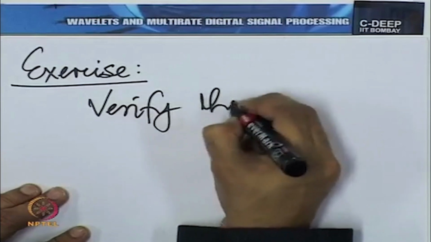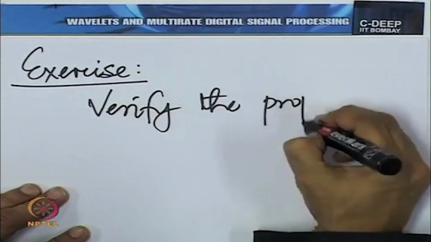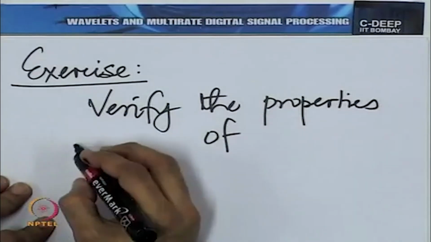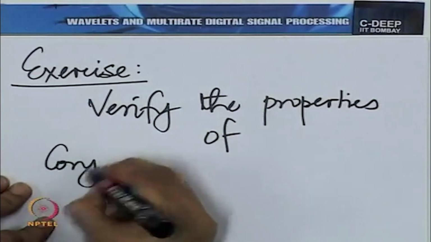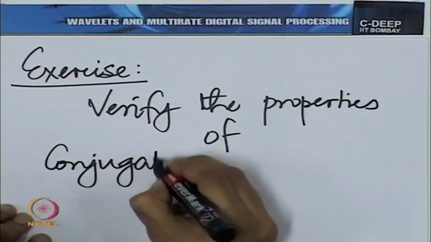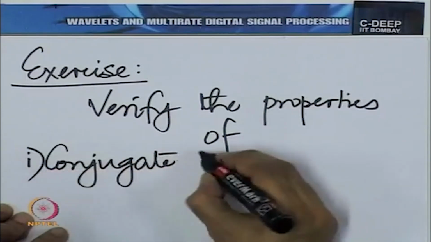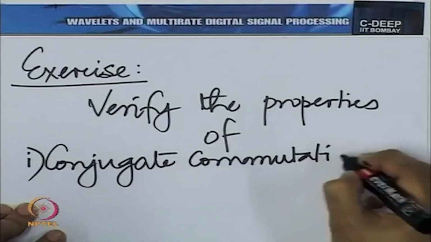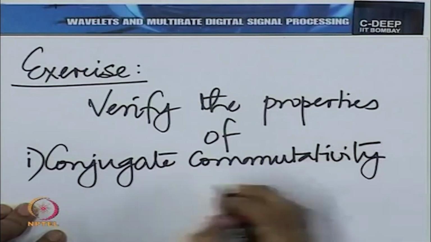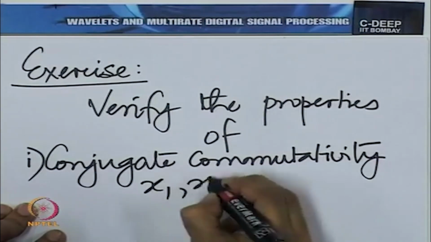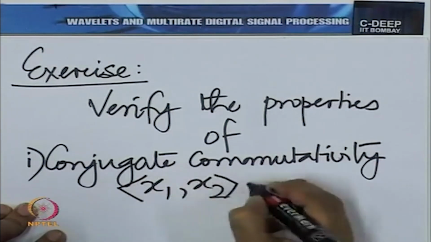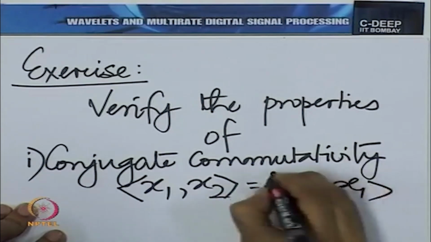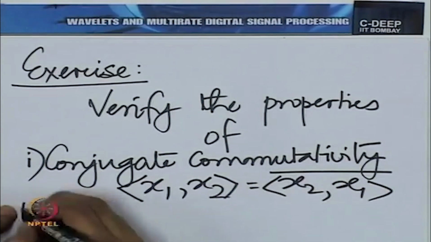Verify the properties of what is called conjugate commutativity, the first property. And linearity.